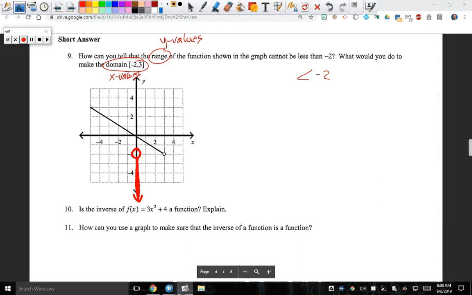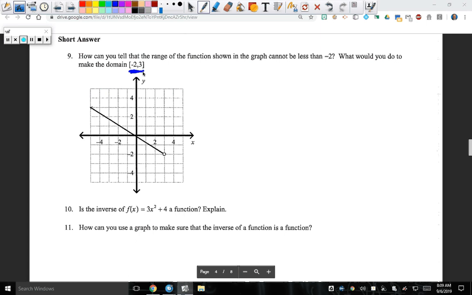And the reason why you can tell is that there's nothing over here. It doesn't keep going. If it did, then it would be hitting these y values. But because it's open right here, it's less than, not less than or equal to. And again, it doesn't keep going. So that's how you can tell from the open circle at y equals -2. And then what would you do to make the domain -2 to 3? So this is a different problem.